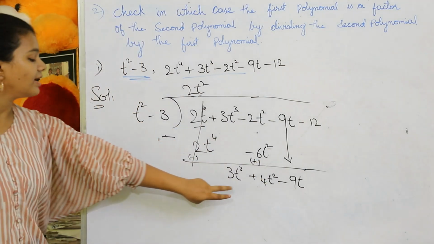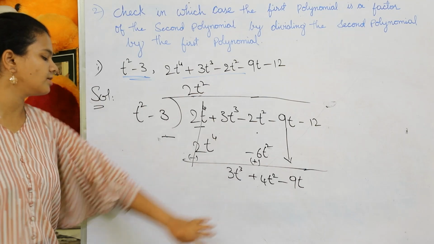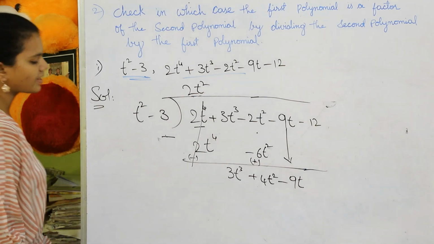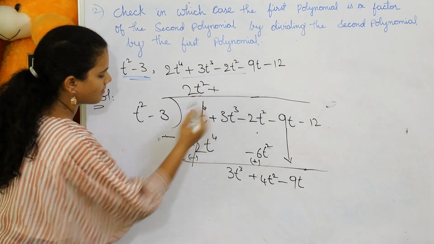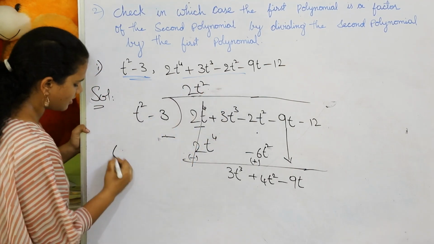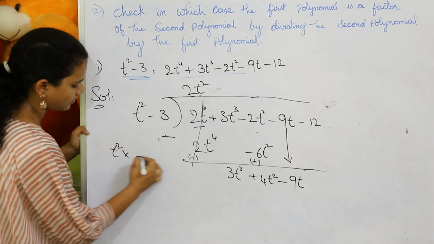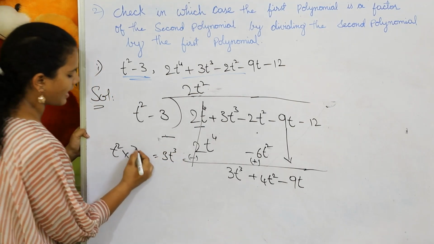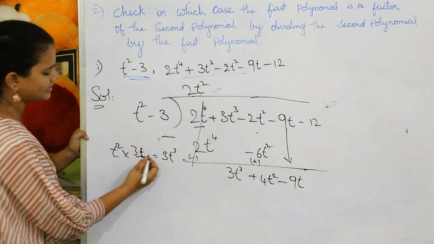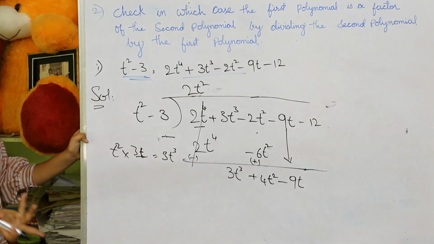Now first equate the first term. So here you have 3t cube, right? And what you do, you go for plus, let me write down over here, 3t square into 3t cube. So what should I add over here? If I add plus 3t, then I would get 3t cube, right?